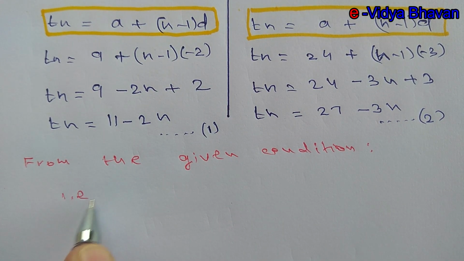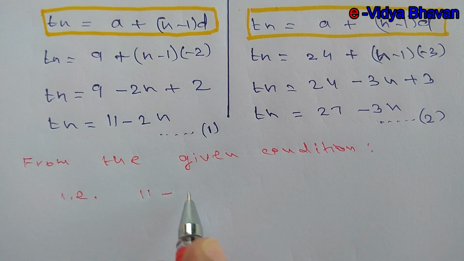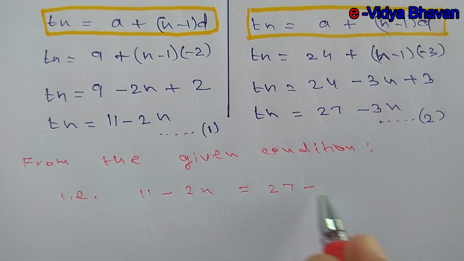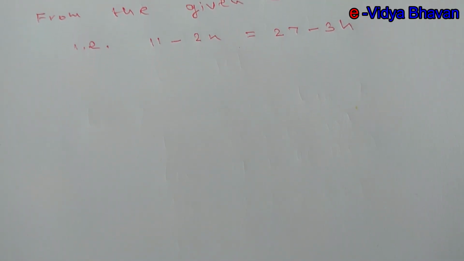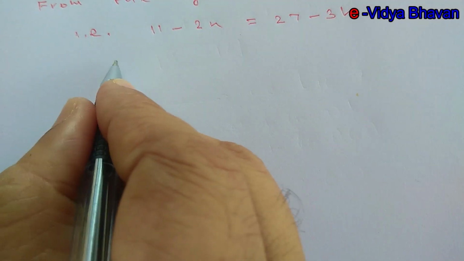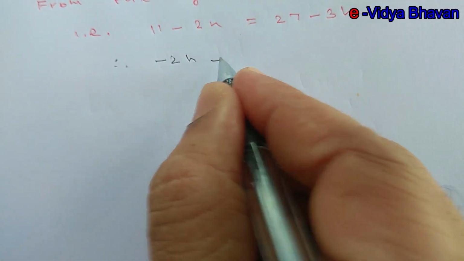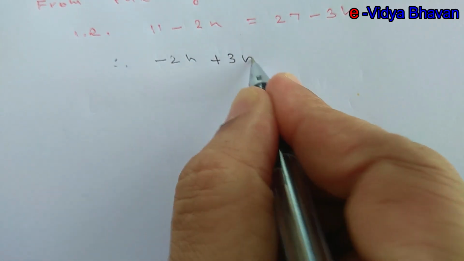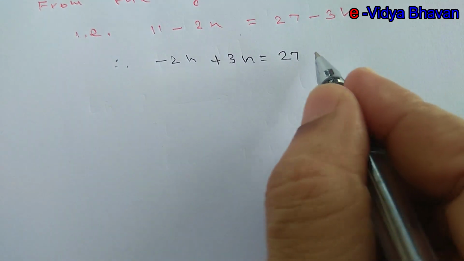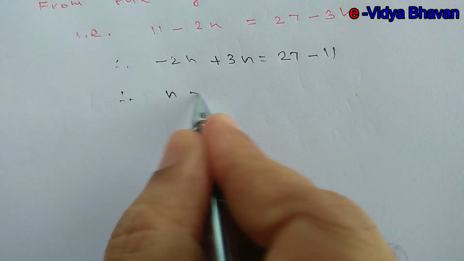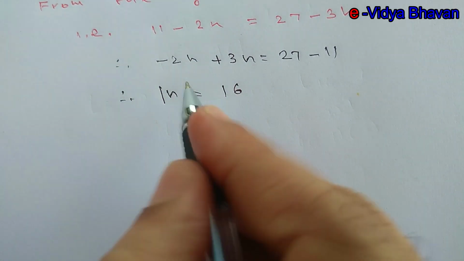That is 11 minus 2n is equal to 27 minus 3n. Therefore minus 2n and minus 3n will come this side, it will become plus 3n is equal to 27, 11 will go that side, it will become minus 11. So n equal to 16.